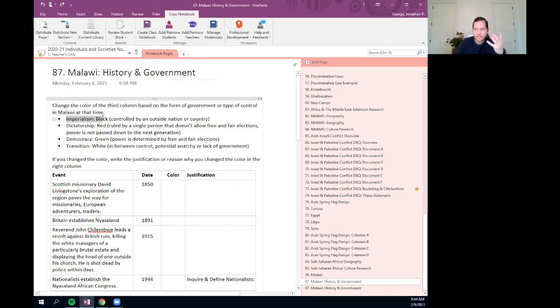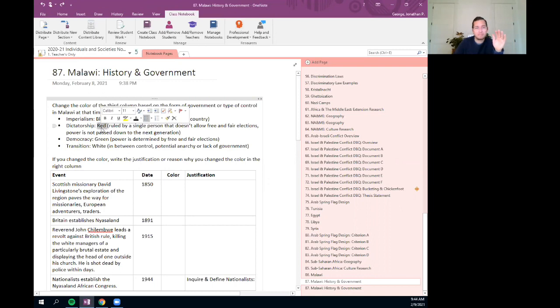Imperialism, or colonialism, is when a country outside controls you. Okay? So if that's taking place, I want you to make this third column solid black. You could use the drawing feature or other features as well. It does not matter to me. Dictatorship.